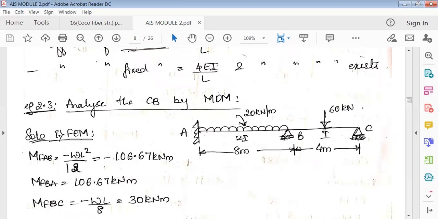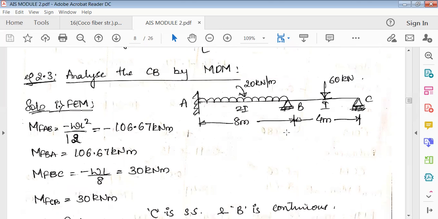It is a simple support, but because it is placed in the center, it is an intermediate support of AB and BC. That's why this will be treated like a fixed beam only. So A is a fixed support, B is also a fixed support because it is at the center, whereas only C is at the end. The beam ends at C, so this is treated like a simply supported end.